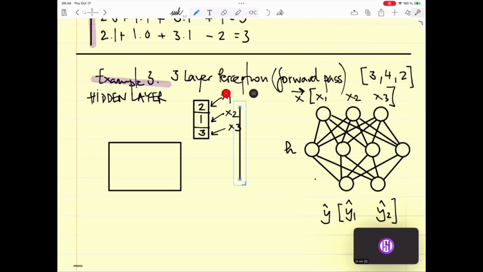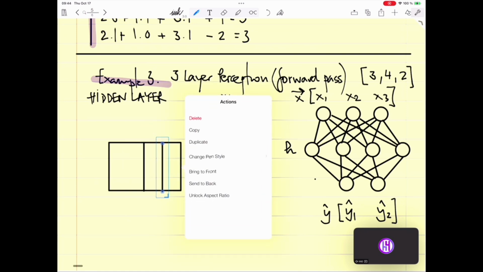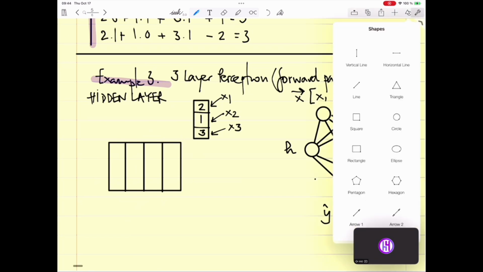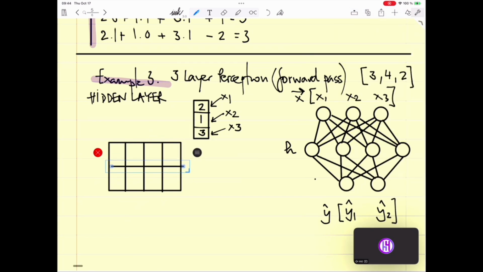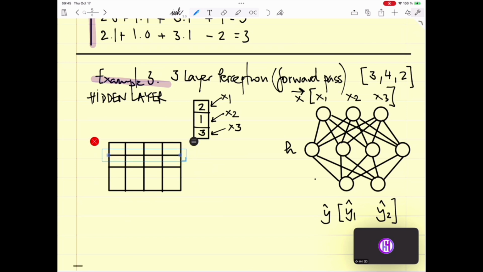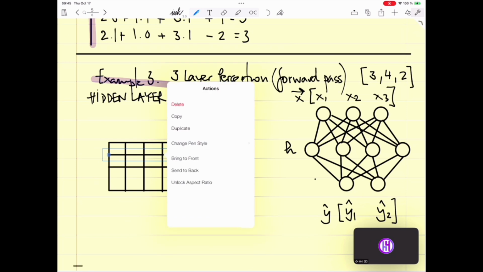So let's try a line there in the middle, duplicate, so we get our weight matrix. And then we get our horizontals as well. So the dimension of our weight matrix is again going to be 3 times 4.